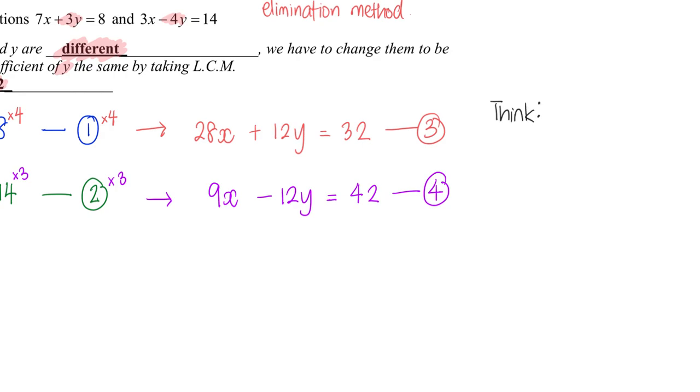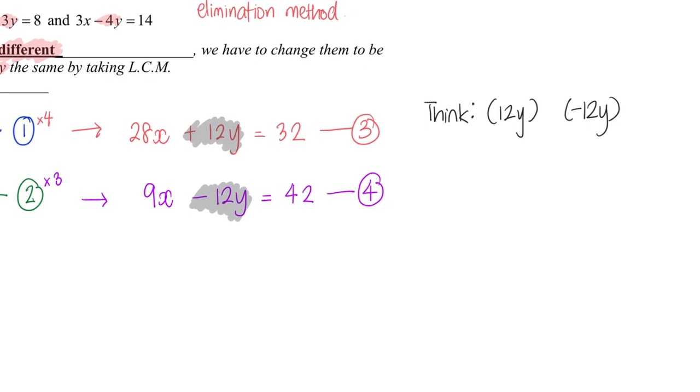Now that I have positive 12y and negative 12y, do I plus or do I minus, so that eventually I want to get 0?